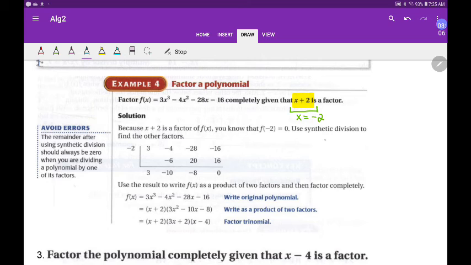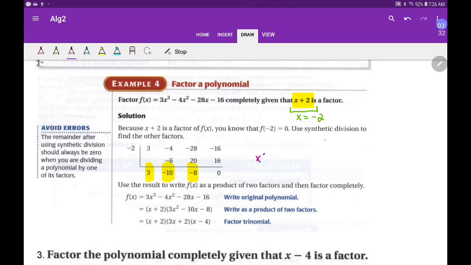Oh, and by the way, something I probably didn't emphasize very well last time. This 3 and this negative 10 and this negative 8, they mean something. If I started up here with 3x to the third, and I divided, I know it's synthetic division, but I'm still dividing. If I divided by x, then I'm down to x squared now.